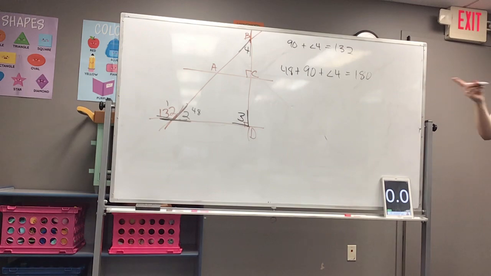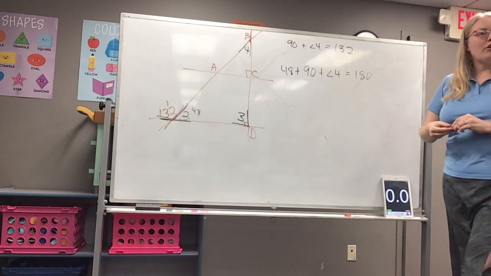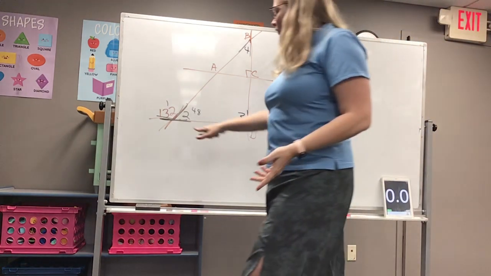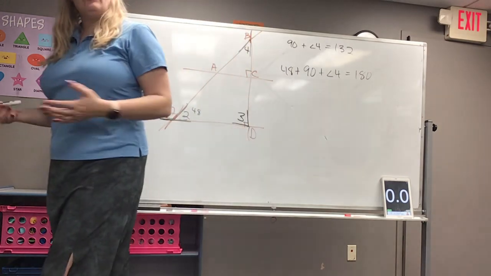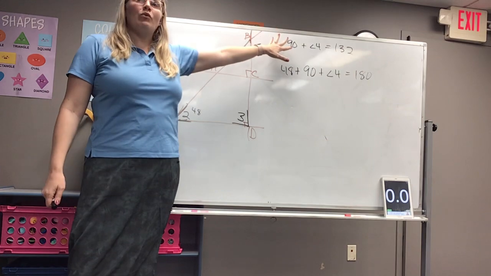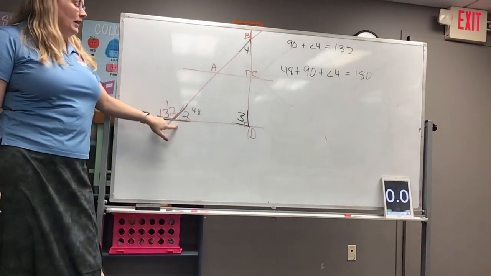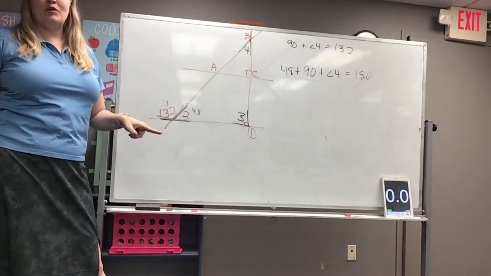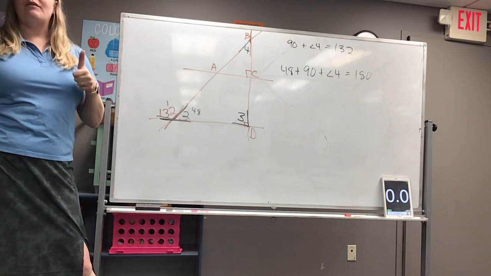But if you do not remember exterior angle sum, you can still use linear pair and triangles add up to 180. Linear pair and triangles add up to 180, that one I would definitely know.